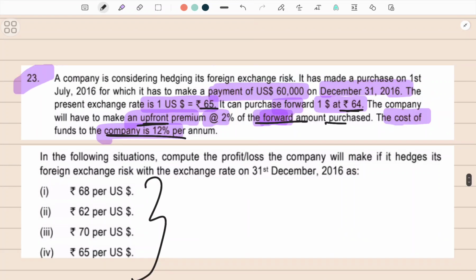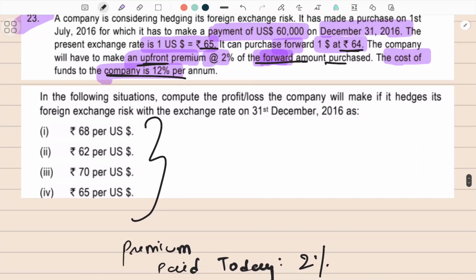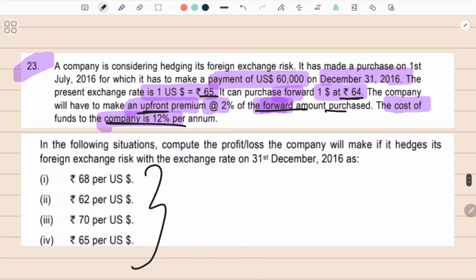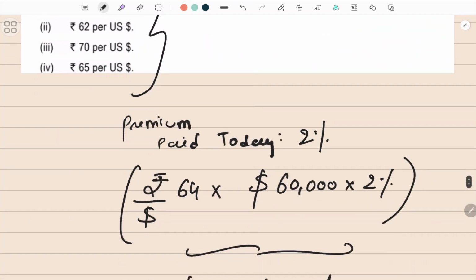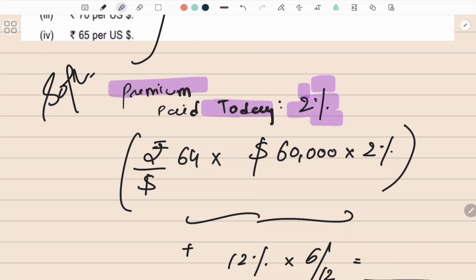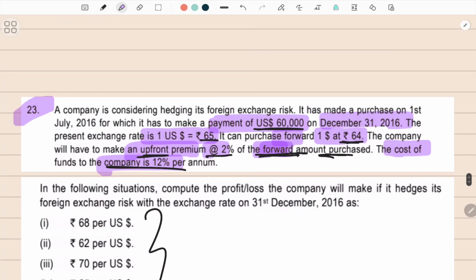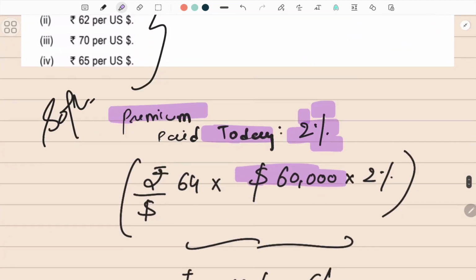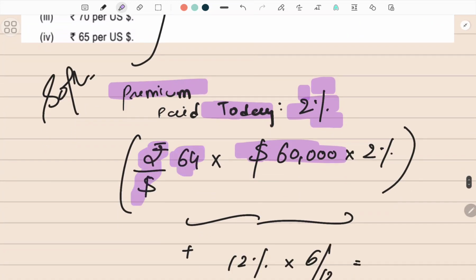So let's calculate the premium amount. The premium has to be paid on this particular amount, which is $60,000. The rate is 64, because they've clearly said 2% of the forward amount purchased. I've already solved the question to save some time. Premium paid today, very important, is 2% of 60,000, the base amount you have to pay on December, but at the forward rate of 64 rupee per dollar.